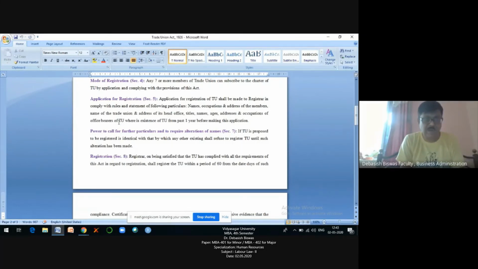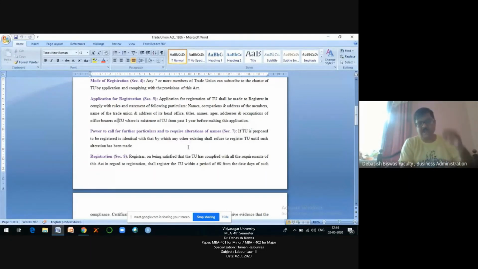So they are called basically the office bearers of trade union. So their title means their occupation, name, age, address, occupations of office bearers of trade unions, and the existence of the trade union from the past year before making this application. All information you have to provide to the registrar at the time of applying for registration of a particular trade union.